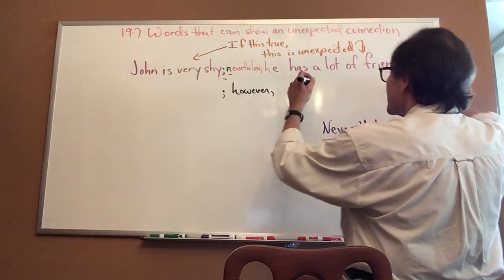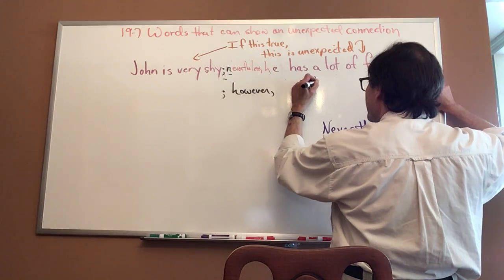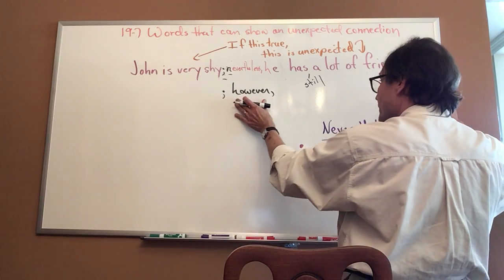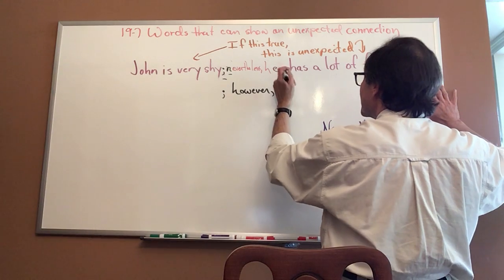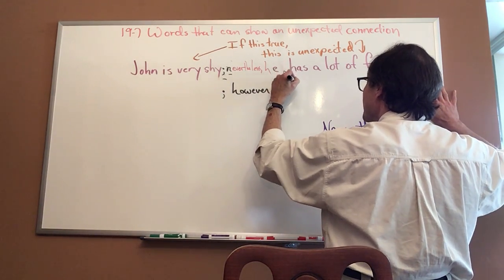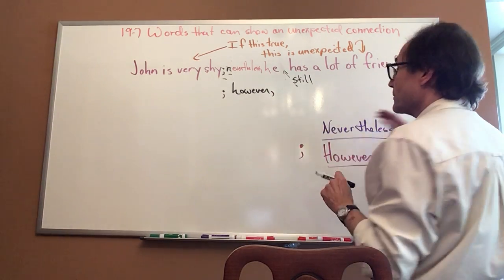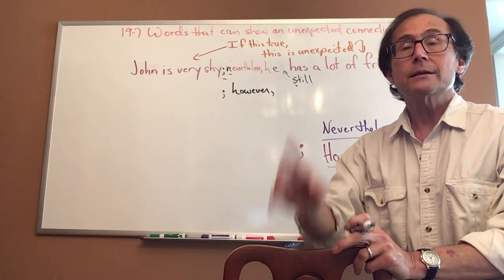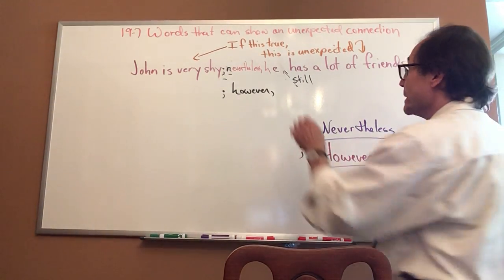So remember, still, if I wanted to, I could put here. And I could say, John is very shy, semicolon, however, comma, he still, oops. Remember, however comes between subject and the verb, so I could say, however, he still has a lot of friends. And that makes it even clearer that, okay, yes, this is unexpected. You don't need it, but it makes it clearer.